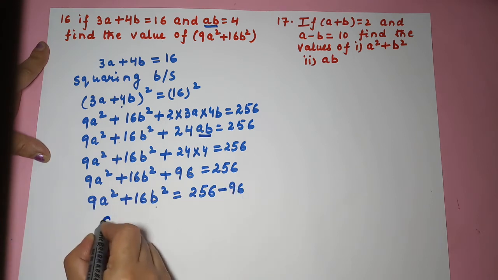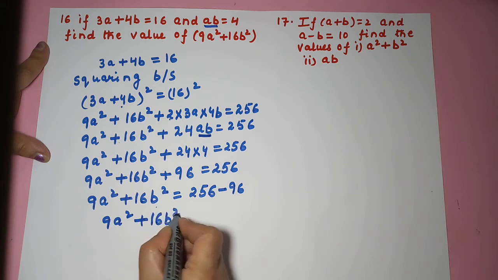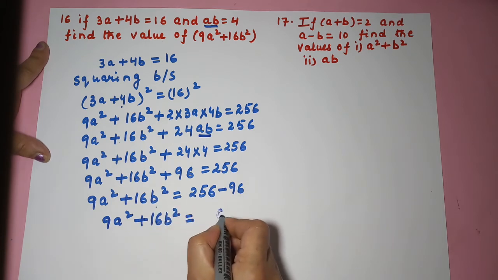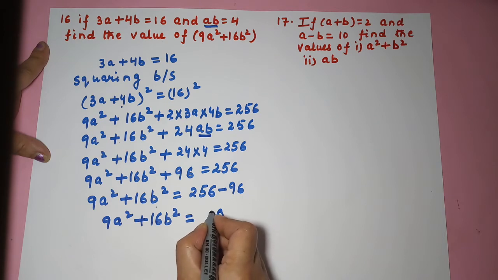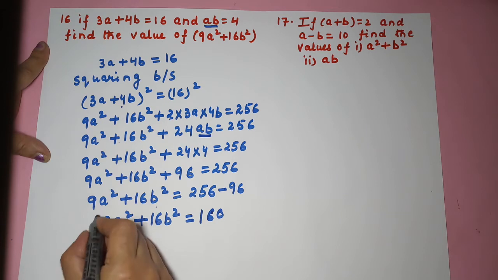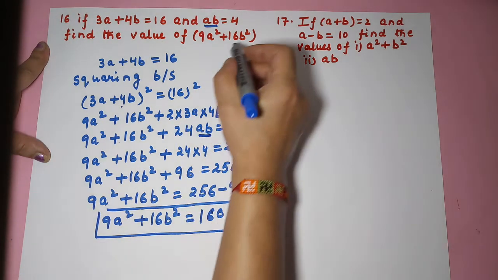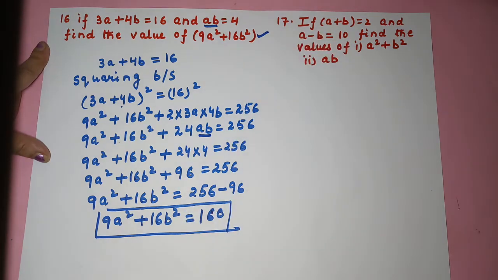So I found the value of 9a square plus 16b square as 6 minus 6 is 0, 15 minus 6 is 9, 2 minus 9 is 6, and then we are left with 1. So I got the value of 9a square plus 16b square as 160.